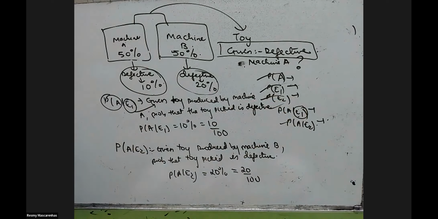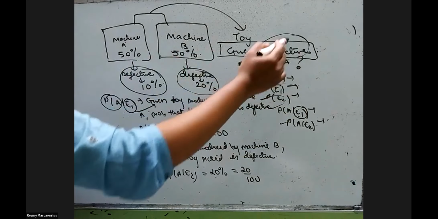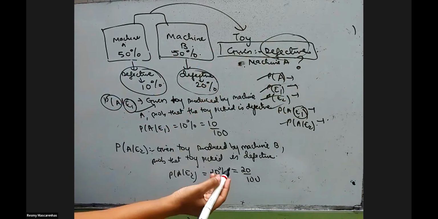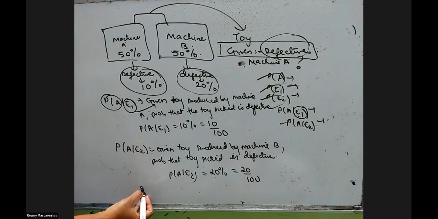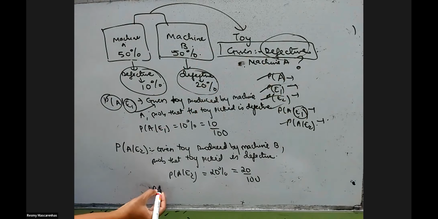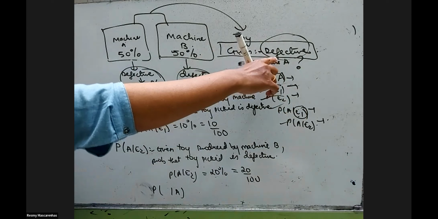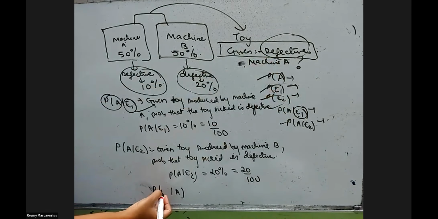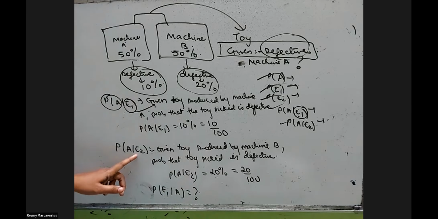Now what is asked? Given it is defective. Given that it is defective, what is the chance it is from machine A? Machine A means E1. We have to find this. This will always be, I told you, ulta of either this one or this one. If they had asked for machine 2, it would be ulta of this.